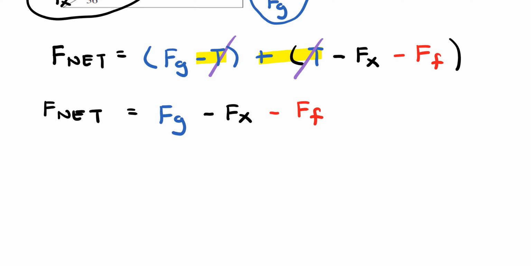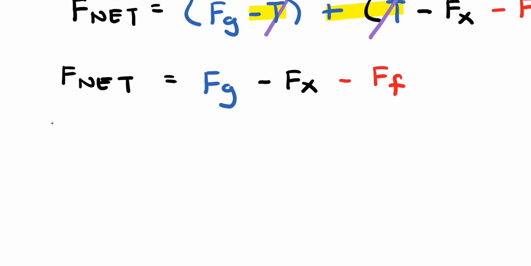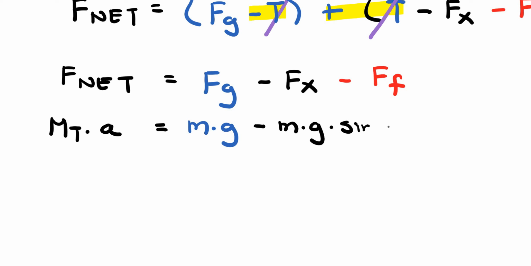Okay, let's go ahead and now use Newton's second law here, which is the mass total times your acceleration equals Fg, which is the same thing as mass times the acceleration due to gravity, minus, now the force in the x direction is always going to be the mass times the acceleration due to gravity, 9.80, times sine of the angle.